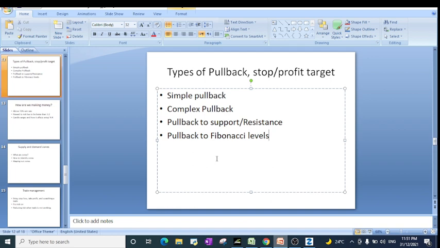It doesn't even have to be the exact numbers of the original Fibonacci. But just knowing that when a market makes a move in a particular direction, the market has a tendency to retrace to certain levels.